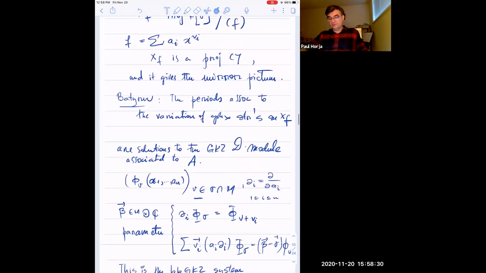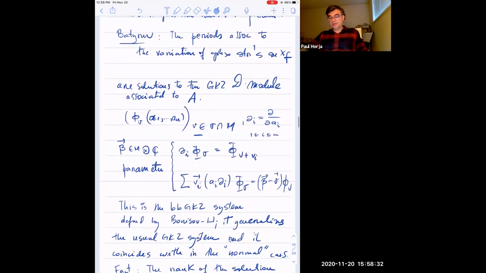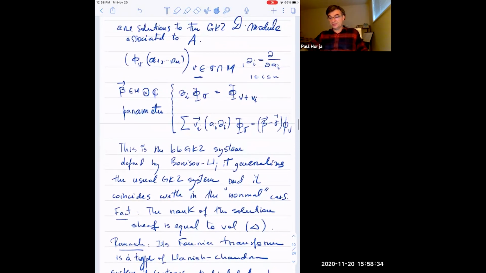So again, Batyrev noticed that the periods can be written as solutions to a D-module.